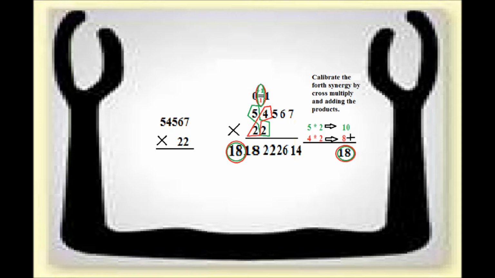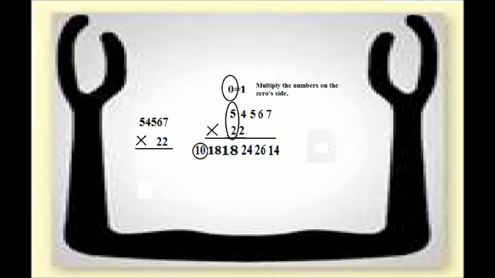When you add the products, you get 18 again, because 5 times 2 is 10, 4 times 2 is 8. Add them together is 18. So we figure out that synergy. But we're on the left side now, so what we do next is just multiply vertically on the 0 side, and we complete the multiplication.